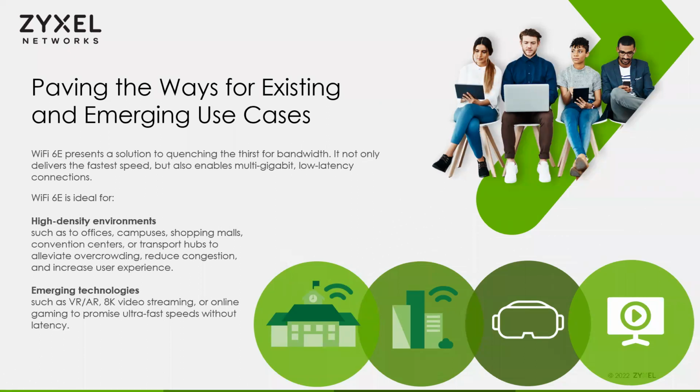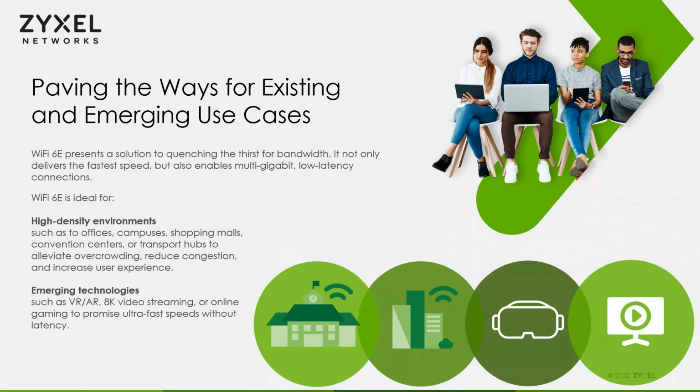I don't think there's a lot going on today that really needs it. You can see on the slide it says things like 8K video streaming or being able to stream VR. But I can tell you, regular 5 gigahertz has enough bandwidth for VR and 8K.